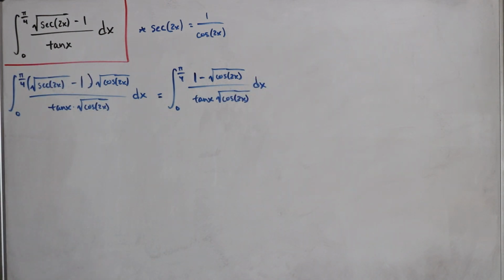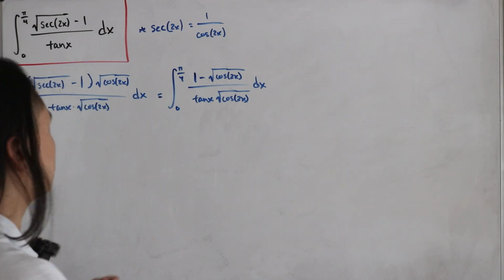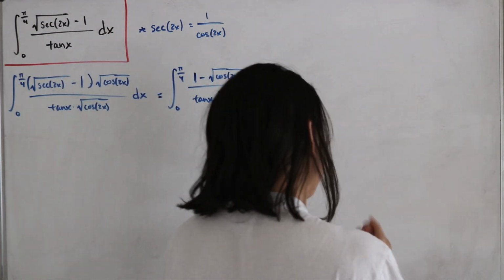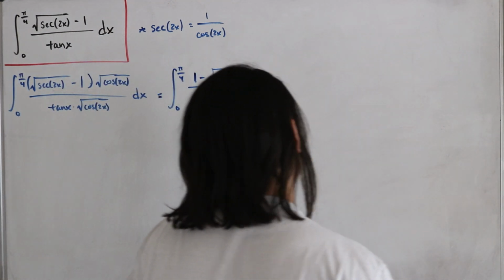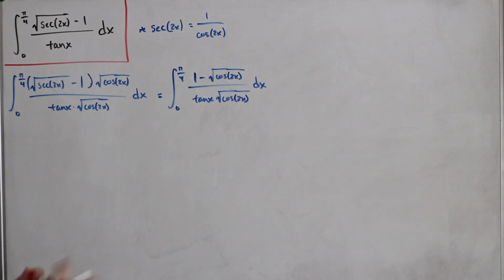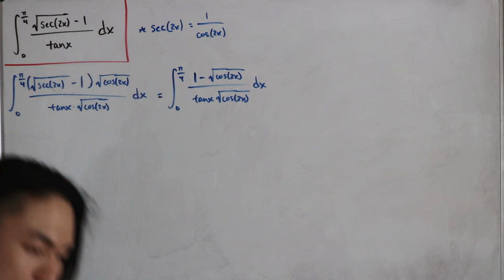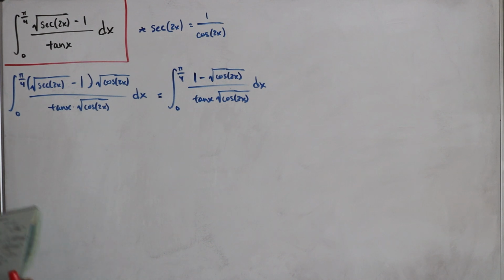Okay, so now we still have the square root that we're going to deal with. So why don't we multiply by the conjugate of its numerator. That means we have a minus, so I'll write this as a plus.